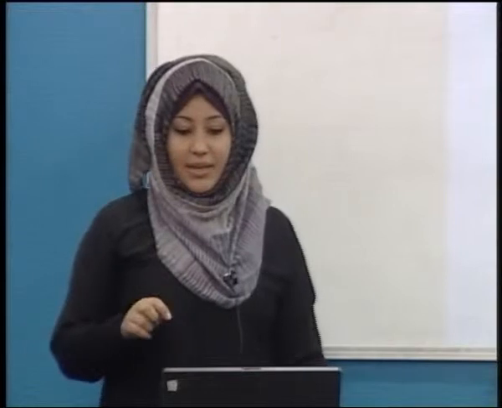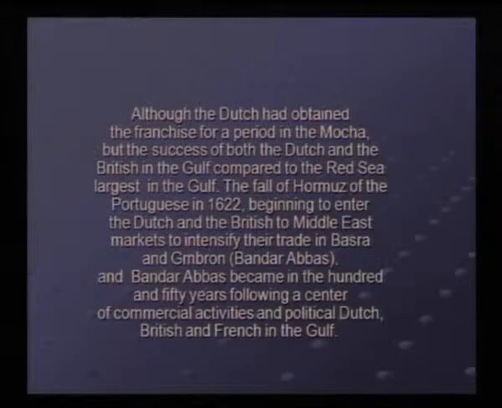Bandar Abbas became, within 150 years, a center of commercial activity and political presence for the Dutch, British and French in the Gulf. It was not long until the Dutch commercial station in Bandar Abbas became more active and successful than the British.